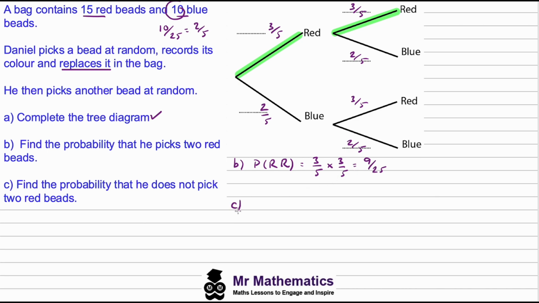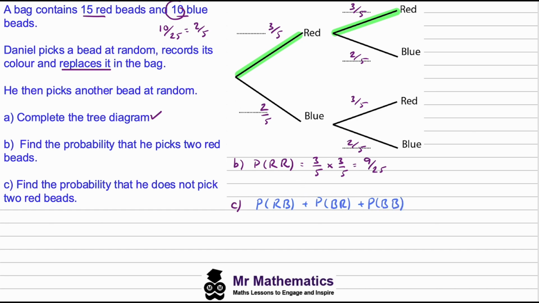For part C, find the probability that it does not pick 2 red beads. So this means you could pick 1 red bead or 0 red beads. So we're looking at the probability of a red and a blue, or a blue and a red, or a blue and a blue.